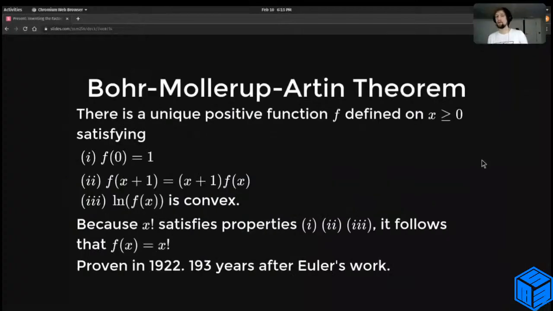And so now I'll show you why we might care about the solution that Euler gave us back in, I forget what year it is. You can do the math here to see. 1992 minus 193. But this is a fairly recent proof. Why is that? Well, it took a while for people to figure out that the logarithmic convexity is the interesting property to study here.